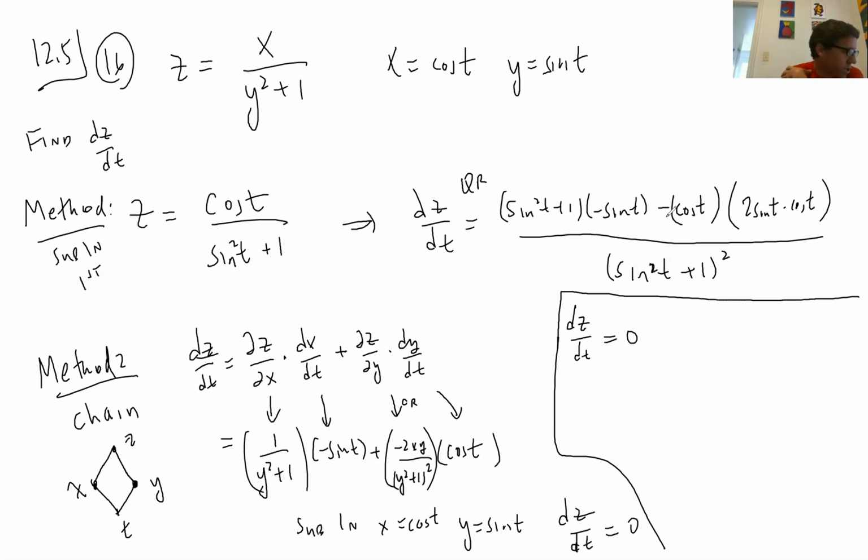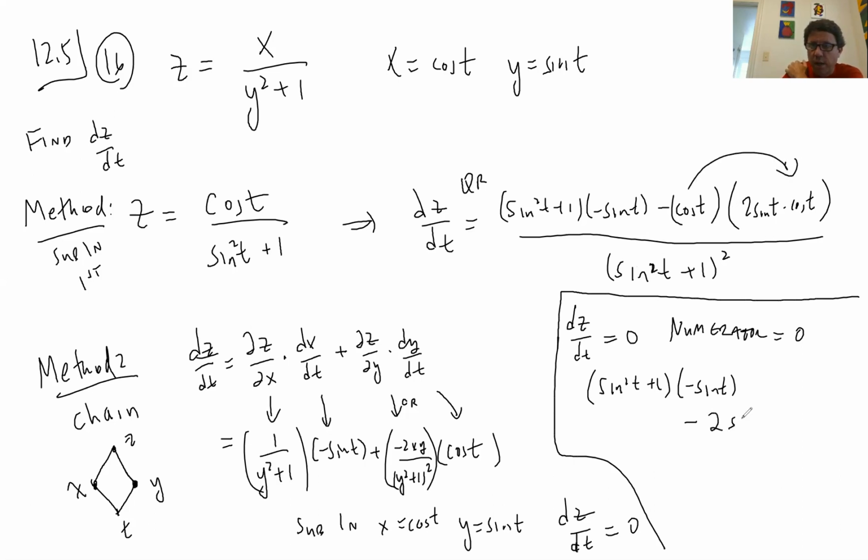So how do you make a fraction equal to 0? That means that the numerator has to be 0. So I set the numerator equal to 0, and I'll get sine squared t plus 1 times minus sine, minus, when you multiply this together, you'll get 2 sine t times cosine squared.